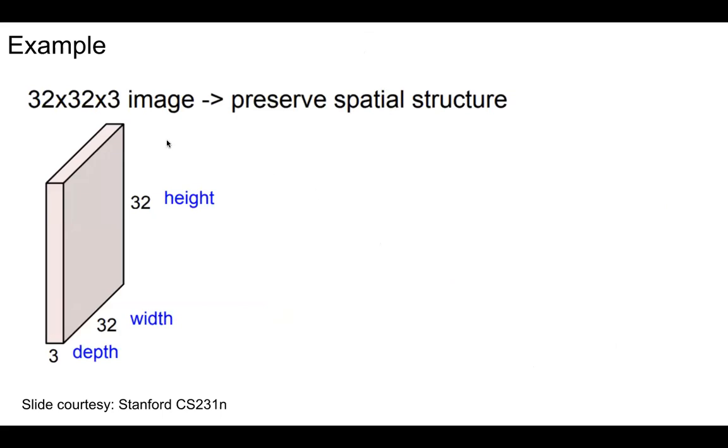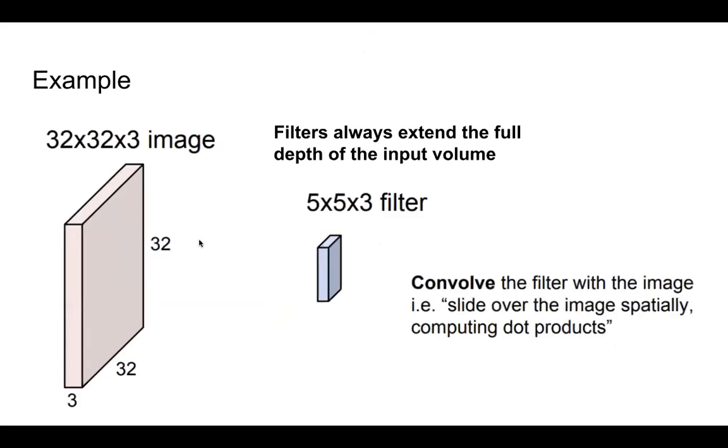Let's say the image we have is of size 32 cross 32 cross 3, and the filter size is 5 cross 5 cross 3. As I said, the filter always extends the full depth of the input volume.